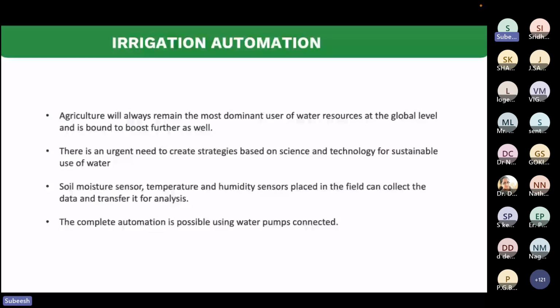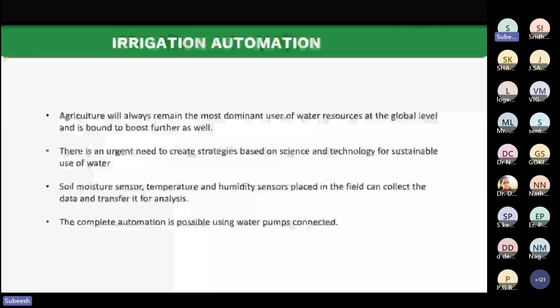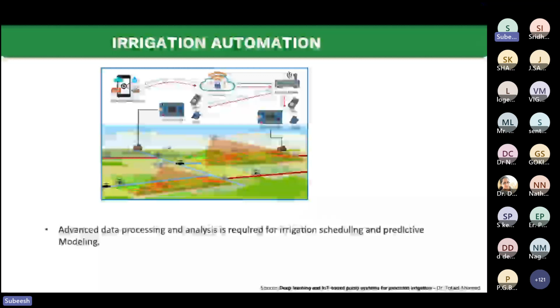Again, irrigation automation. Irrigation is another very common example in agriculture. Like, you need to manually turn on irrigation every time, so you can automate it using sensors: soil moisture, temperature, and humidity sensors. And this actually doesn't need much machine learning. But if you want to forecast and do irrigation management, you can schedule it for the future.